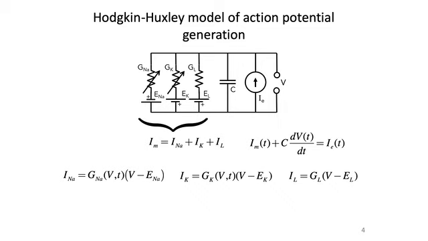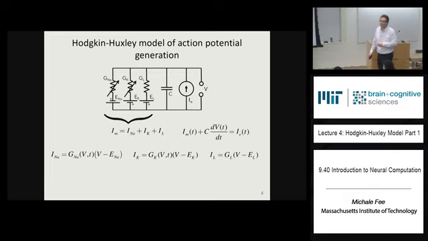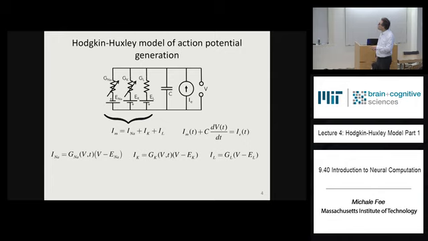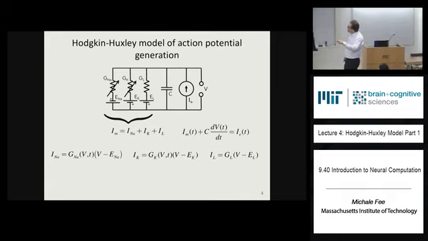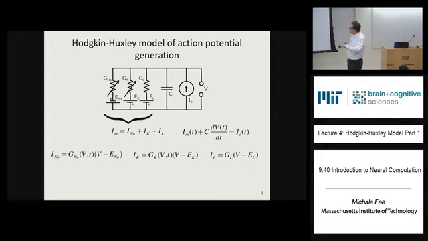The current is just a conductance times a driving potential, and we described how that equation can be summarized in electrical circuit components as a resistor, which is 1 over the conductance, times a driving potential, which is basically just the voltage drop across the conductance.